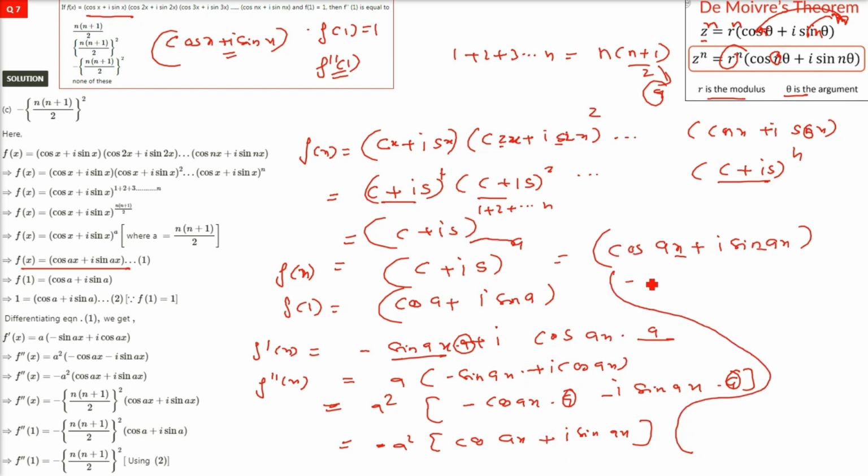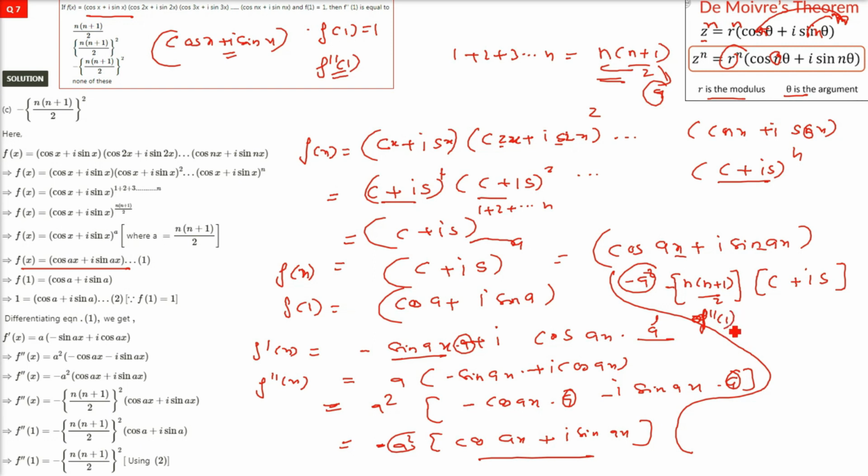Now with this f double dash x, we have to compute f double dash 1. The question is asking about f double dash 1. And we already have minus a square (cos ax plus i sin ax). So in place of a, I am replacing a by n(n plus 1) by 2, because a was n(n plus 1) by 2 only. So we have minus (n(n plus 1) by 2) whole square times (cos a plus i sin a). But when you put 1 in place of cos a plus i sin a, we have already seen that it is f(1). f(1) was cos a plus i sin a, and it was essentially equal to 1.